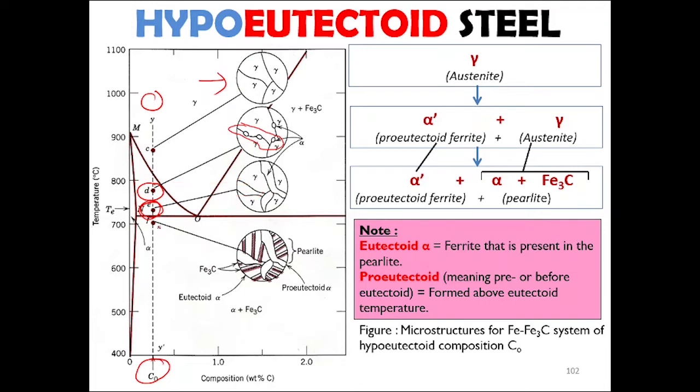Later on, when we further cool it down below 727 degrees Celsius, it will fully form the hypoeutectoid steel or pearlite structure.